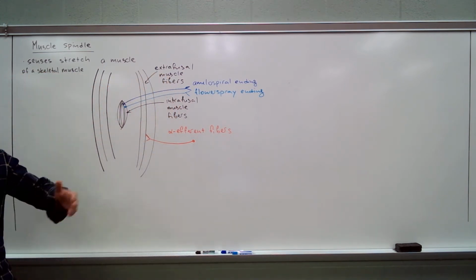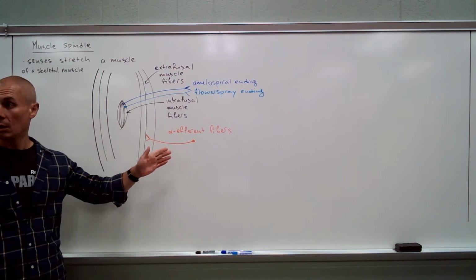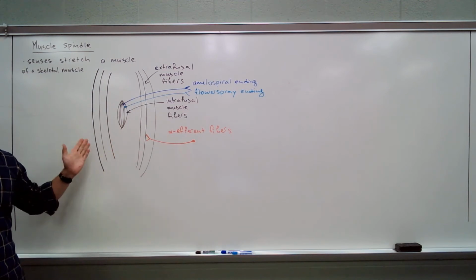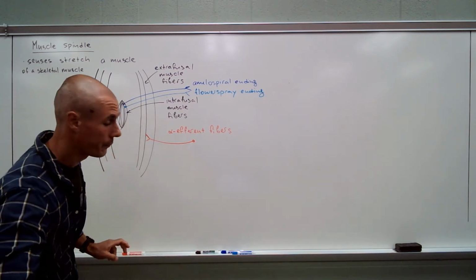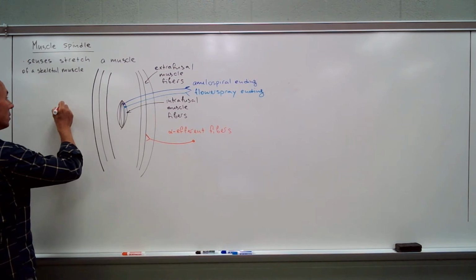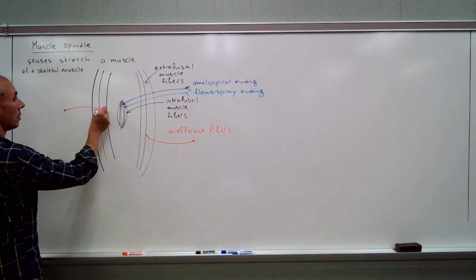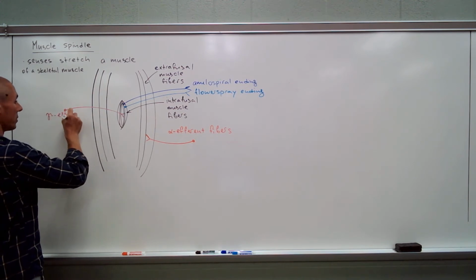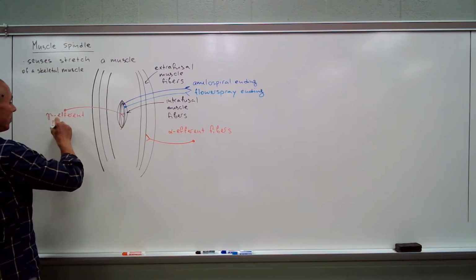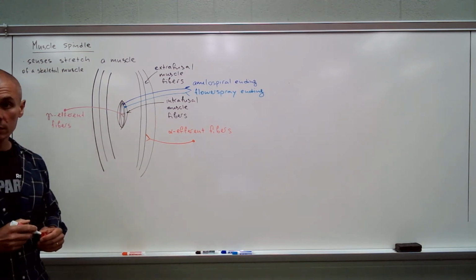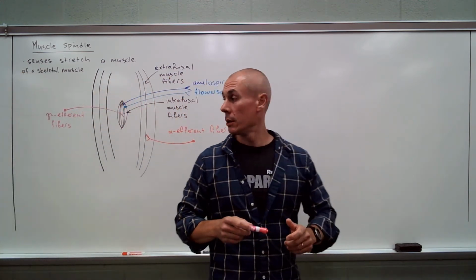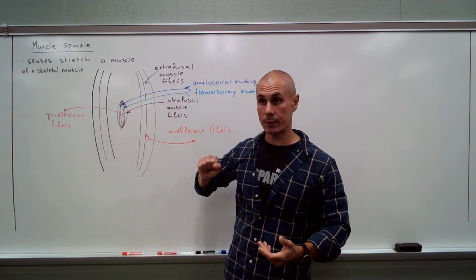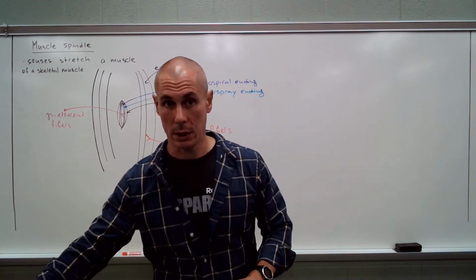Again, don't read too much into alpha, okay? But alpha efferent fibers control your extrafusal muscle. Turns out that there are so-called gamma efferent fibers that control your intrafusal muscle fibers. Any questions so far?